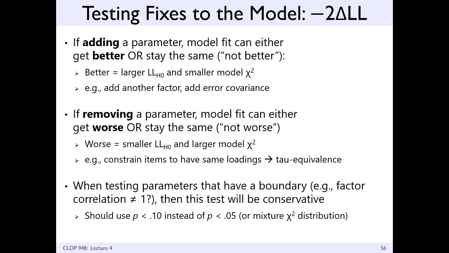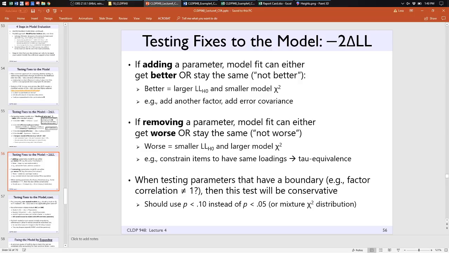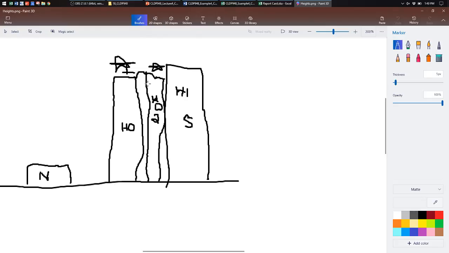So I would phrase that as not better, not an improvement. If you have a significant chi-square, then you do have significant improvement. So my old model was worse than my new model. My new model is better than my old model. So these are the comparisons that you have to do, because now we're talking about different kinds of H0 models that you specify. You have to be able to figure out whether what you've added relative to what you had before makes it better. So you're inching your way closer to the H1 model here.